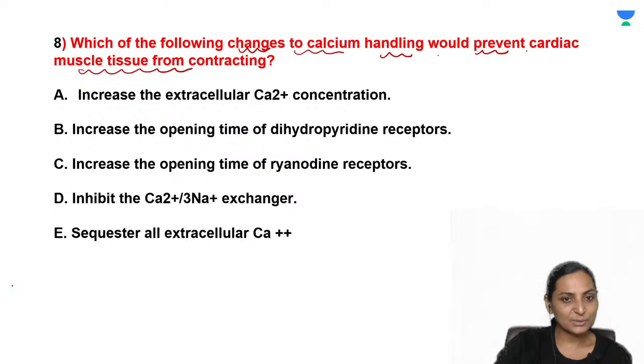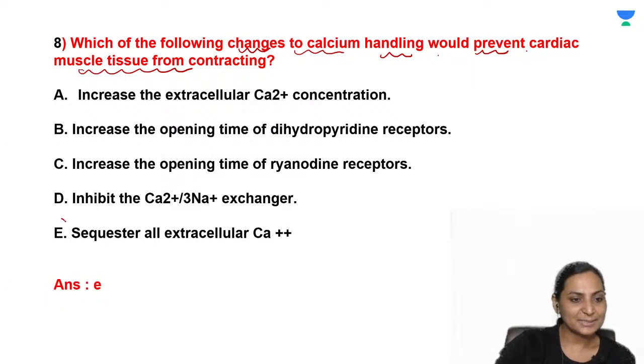Increasing the extracellular calcium concentration, increasing the opening time of dihydropyridine receptors, increasing the opening of ryanodine receptors, inhibiting the calcium sodium exchanger, or sequester all the extracellular calcium. So anybody would like to make a try? A, B, C, D, E. Yes. So the correct answer is E.